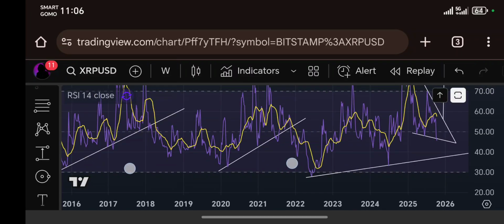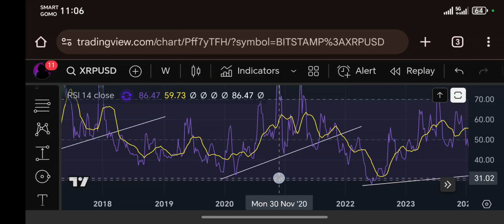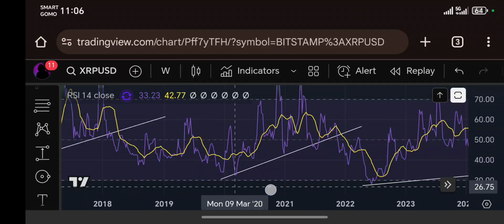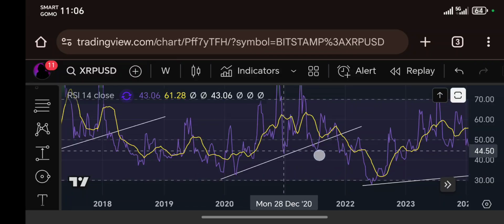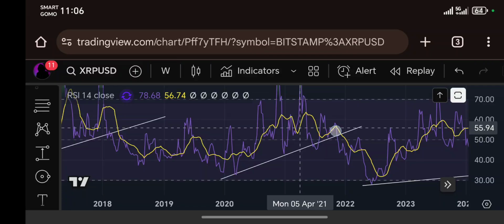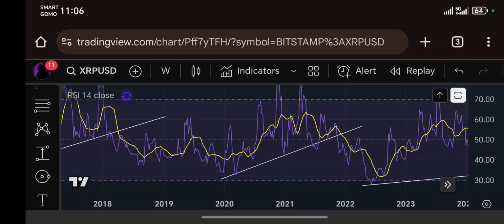Look at this 2021 here. Sure, from 2020 March we are bouncing here in an uptrend channel before the blow off top, right?